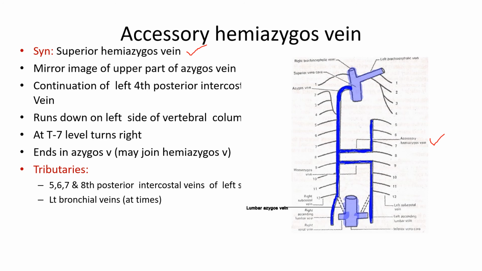Sometimes it may join the hemiazygos vein. The tributaries of the accessory hemiazygos vein are the 5th, 6th, 7th and sometimes the 8th posterior intercostal veins of the left side, and the left bronchial veins also join this accessory hemiazygos vein.